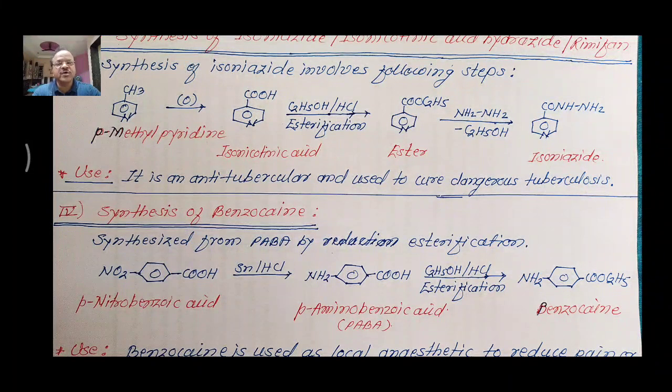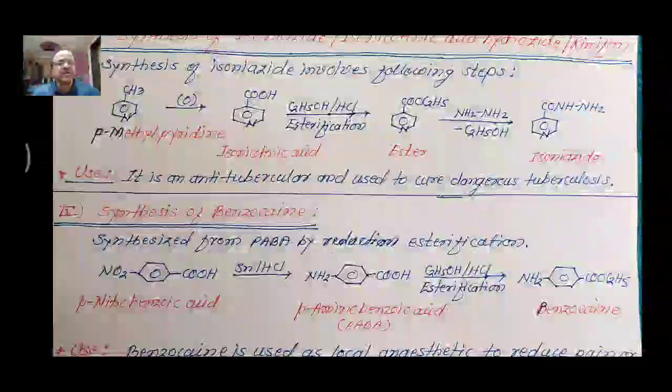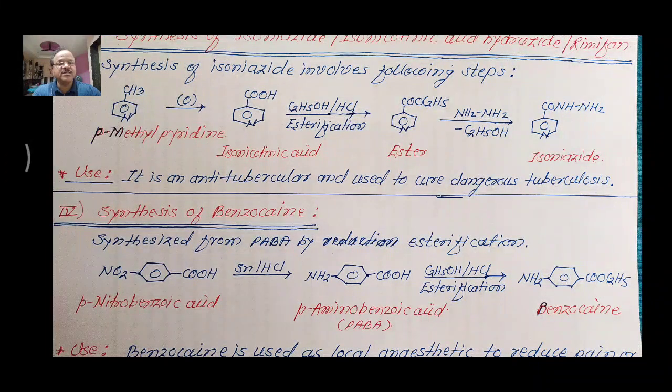This on reduction using tin and hydrochloric acid, Sn and HCl, forms para-aminobenzoic acid, which is called PABA. And this PABA on esterification, that is on reaction with C2H5OH ethanol and HCl hydrochloric acid, forms benzocaine.